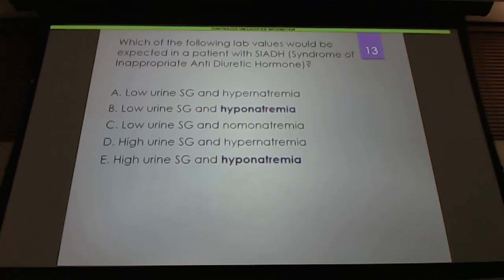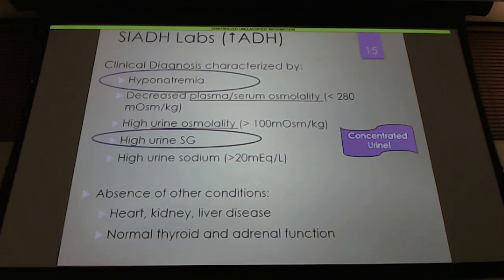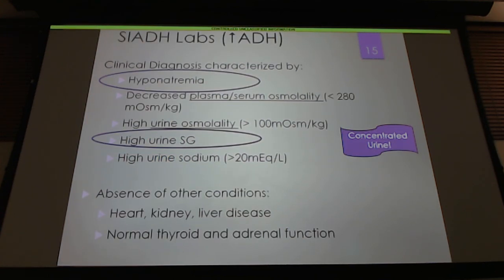So just knowing that, we got it down to B or E. And then we lean on the specific gravity. Does that make sense why it's higher in specific gravity, right? Because it's super, super concentrated because we're soaking up all that water, decreasing urine, and the urine that comes out is super concentrated. Okay? All right, and there's the slide. Don't just memorize it though, you can problem solve it.